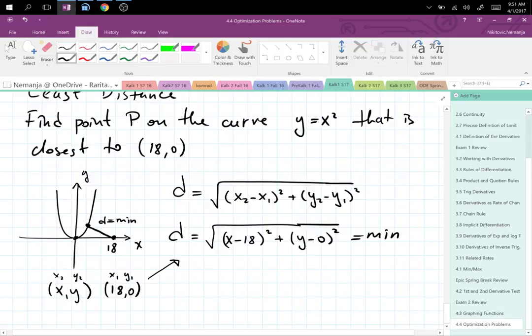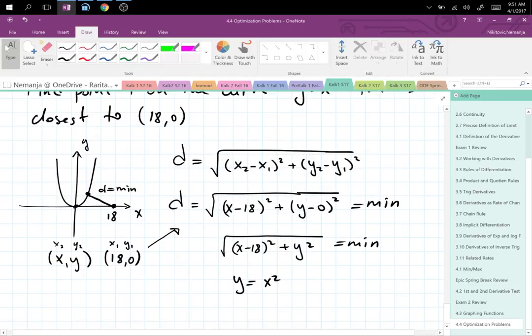So now we have equation that is x minus 18 squared plus y squared is equal to a minimum, and that is our objective equation. We also have a constraint, right? Y equal x squared. So this is our pair. We work with these two equations to figure out the values for x and y.